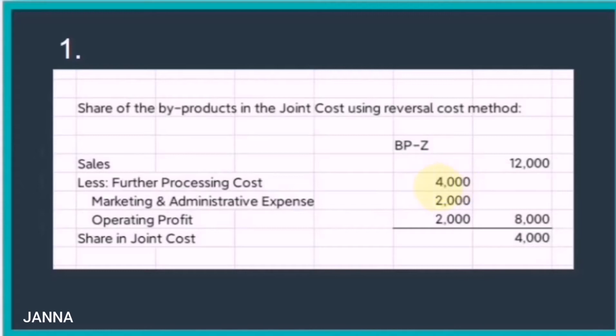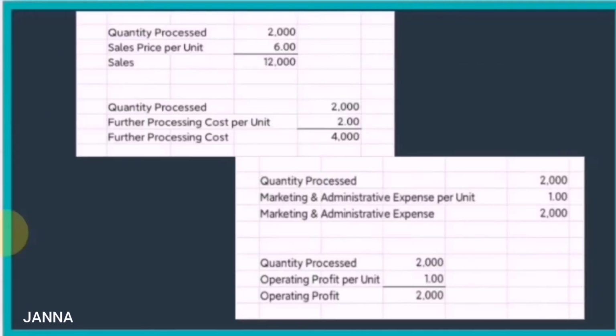Then, the next one, marketing and administrative expense, 2,000. Kasi nga po, quantity processed, 2,000. Marketing and administrative expense per unit is 1 peso. So, multiply lang po natin 2,000 times 1 peso.